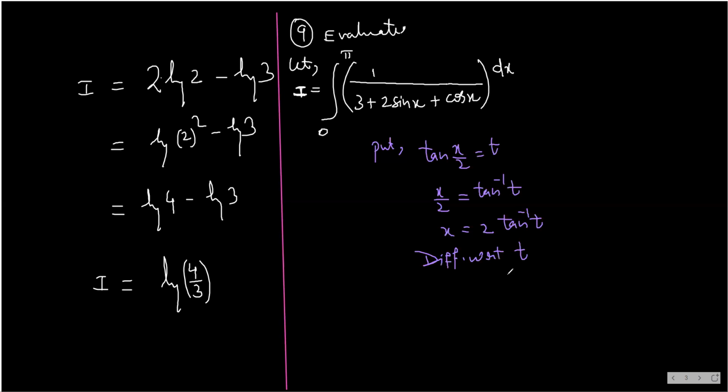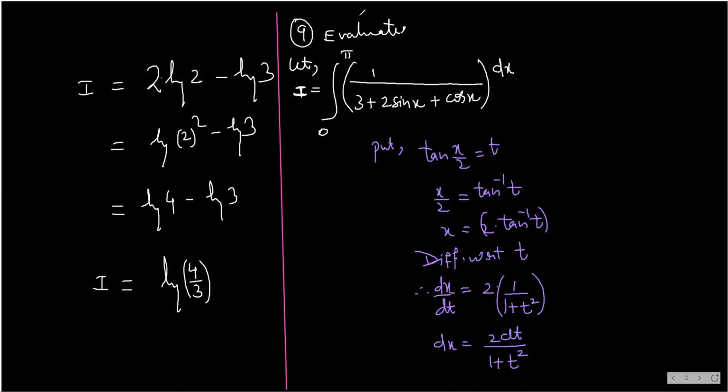So differentiating with respect to t, we will get d by dt of x equals to d by dt of 2 tan inverse t. So 2, and this is 1 upon 1 plus t square. So I get here dx is equal to 2 dt upon 1 plus t square.